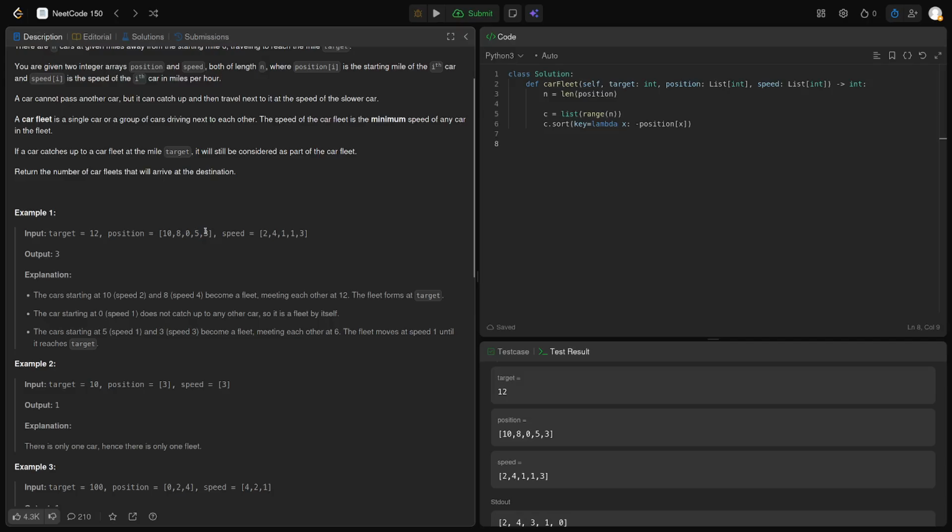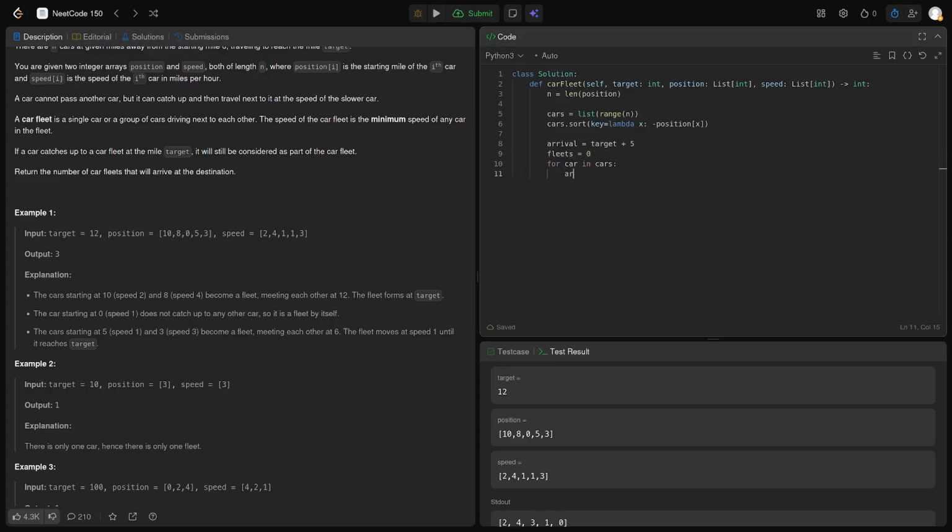So the current arrival, target plus 1, I guess. And now for car in cars, so this is what I'm doing. So fleets.